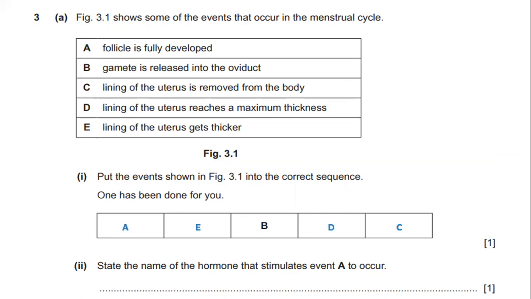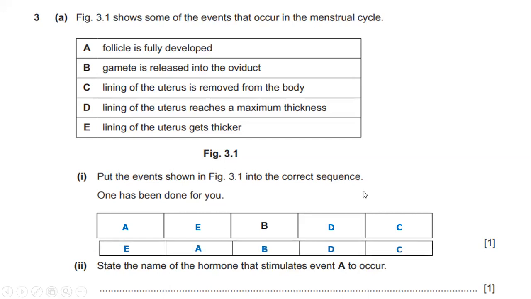Alright, so your answer is either the follicle is fully developed first, or the lining of the uterus gets thicker first. Either is the correct answer. State the name of the hormone that stimulates event A to occur, which is FSH.